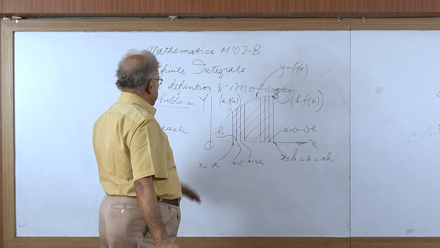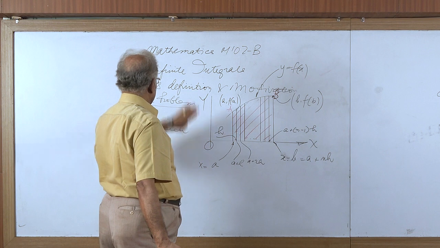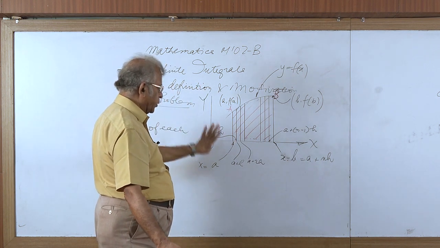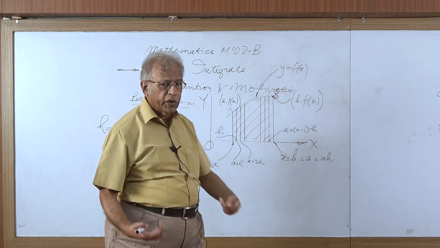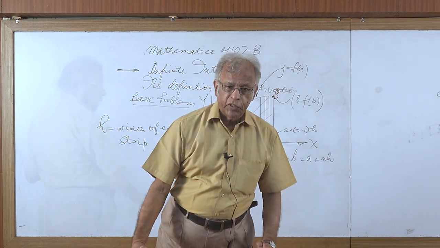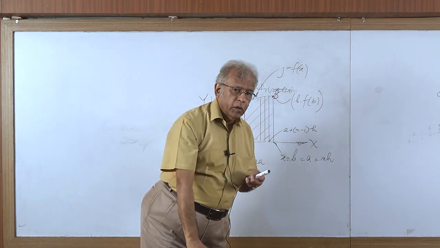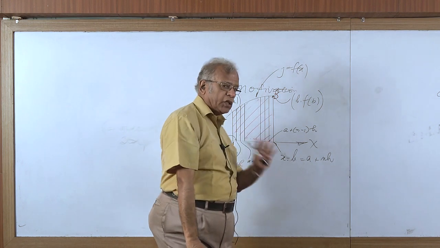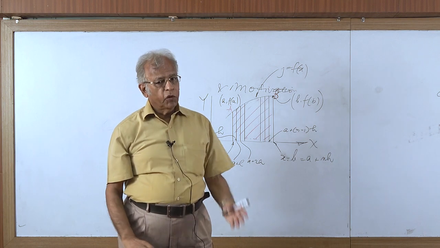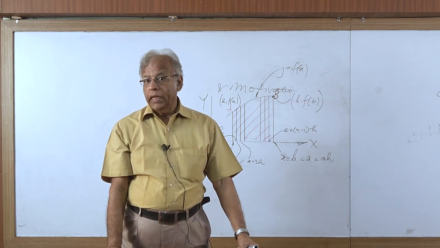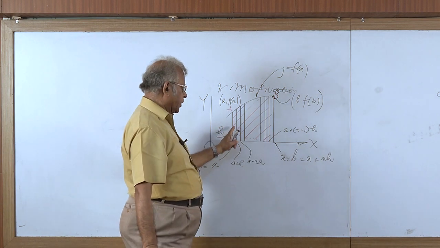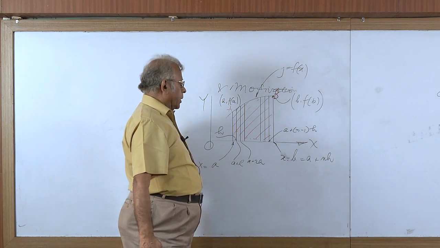Now, we will rub out most of the things that appear on the board now, excepting this diagram, because we will have to refer to this in building up a definition for the definite integral. Now, nobody would disagree that the sum of these n strips will of course be equal to the area. Real area will be the sum of the areas of n strips.